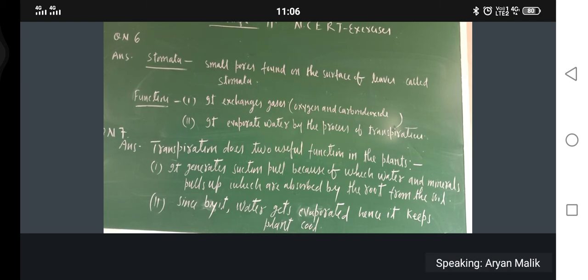You are asking why, when blood comes outside, it gets clotted, but inside the blood vessel it is not clotting. Good question. When the blood comes out, it is exposed to the surrounding.